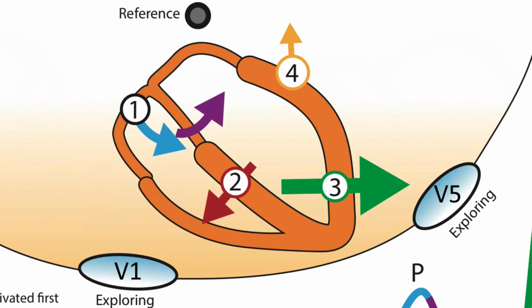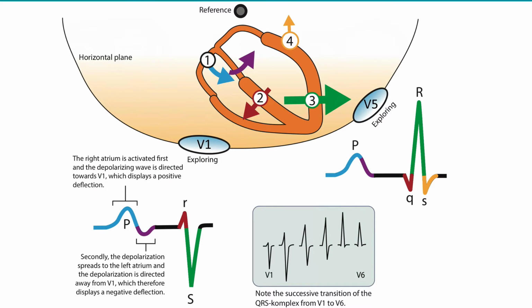So, let's look at lead V1. When lead V1 analyzes these vectors, it will detect that initially this vector will travel towards V1, which is why V1 displays a positive wave, which is this wave, the P wave. However, the activation of the left atrium will be directed away from lead V1, which is why V1 often, but not always, shows a negative deflection in its terminal portion.